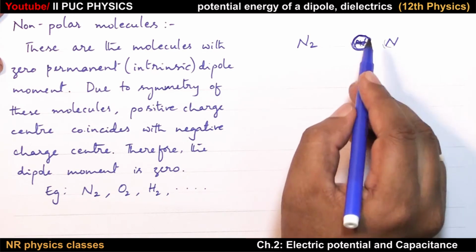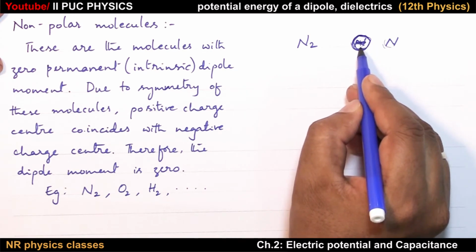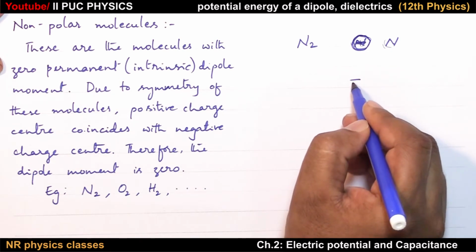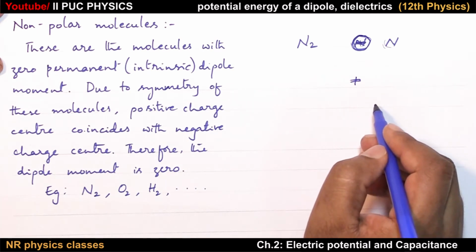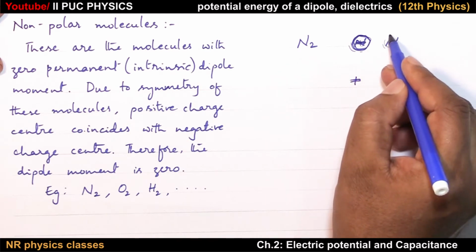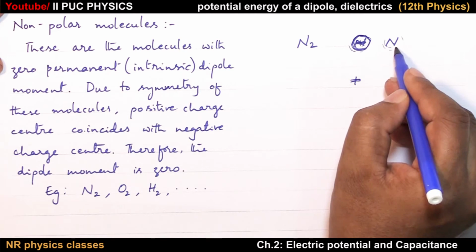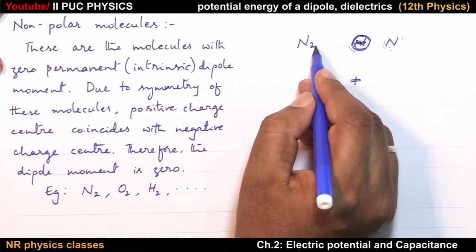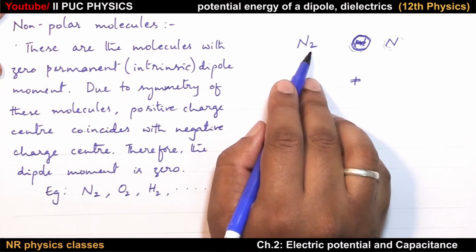Though the diagram looks clumsy, you should understand this. The negative charge center of the electron cloud coincides with the positive charge center of the nucleus. Therefore, the dipole moment in this region is 0. Similarly, the dipole moment of this region is 0. Therefore, the net dipole moment is also 0. That is the meaning of N2 being a non-polar molecule: it has 0 dipole moment.